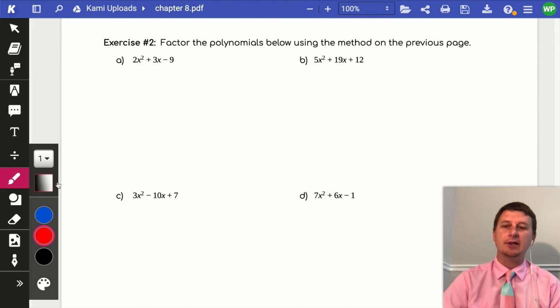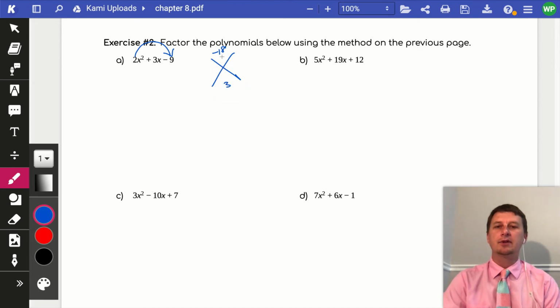We're going to take our A term and multiply it by our C term. We're going to get 2x squared plus 3x minus 9. So minus 18 when we multiply. So we're going to have that x over here, and we're going to get negative 18, and we have to add to 3.